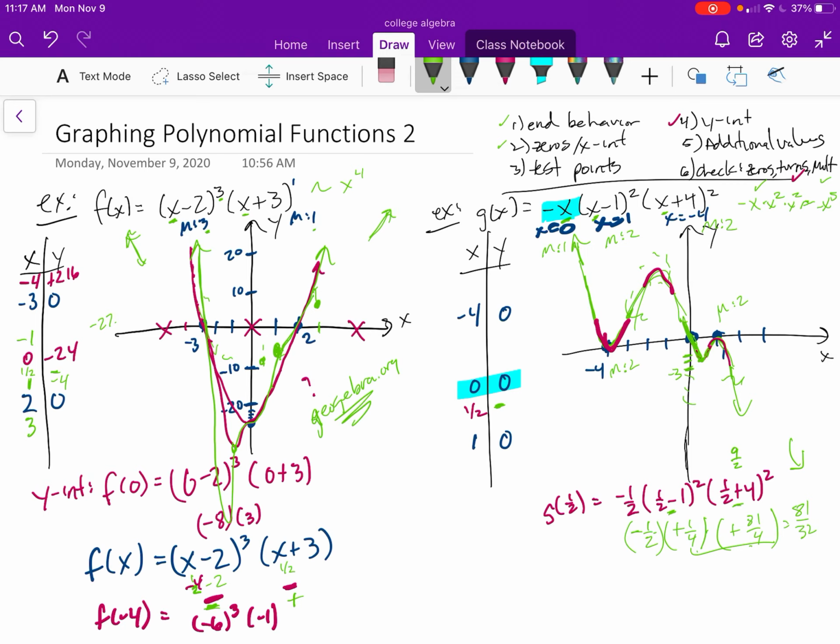All right, so I'm going to test out a point here, -1. We'll test -5, and we'll test 2. So I'm going to do this really shorthand. We'll do g of -5. I'd have a -5, so it's positive. And then no matter what, the next one is squared, so it's going to be positive and positive, right? No matter what is in here, we square it. It will always be positive.